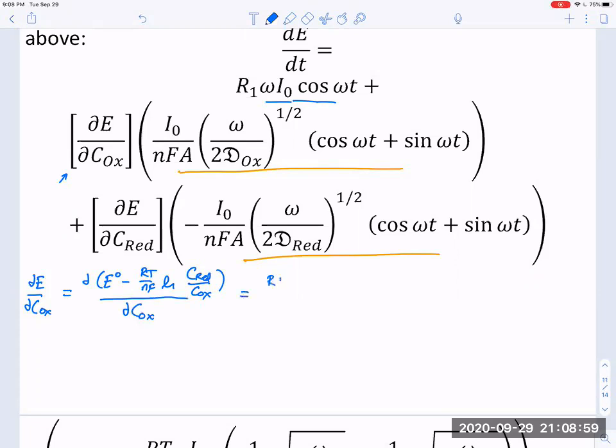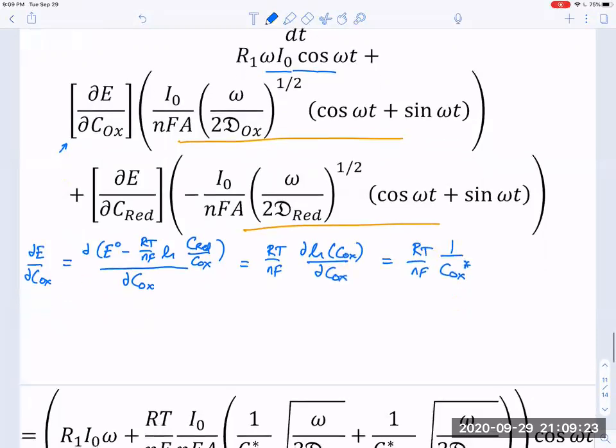This is going to be RT over NF, and then the change in the logarithm of the oxidized species concentration with respect to the oxidized species concentration. And this would be equal to RT over NF times 1 over Cox bulk.